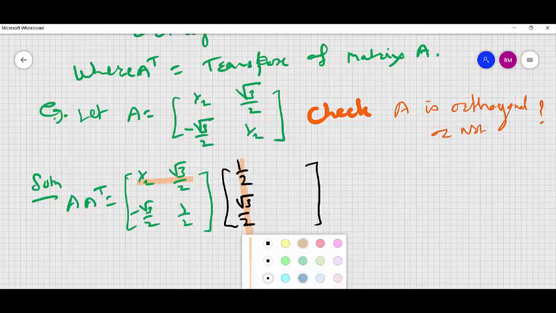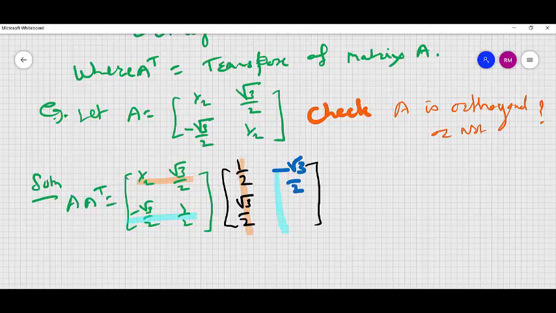And now go for second, we have to write here, that means minus root 3 by 2 and 1 by 2.